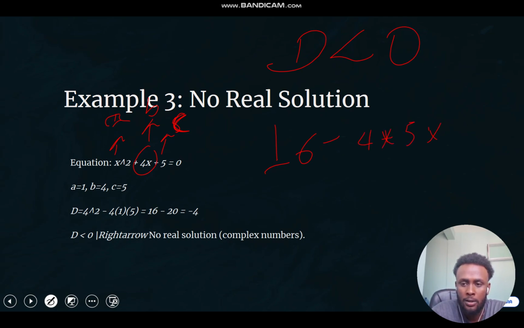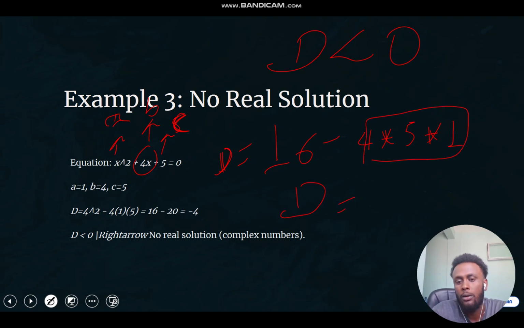We'll try to find the discriminant first. So this one is 20, and it becomes minus 4. For a negative discriminant, we do have 0 real solutions.